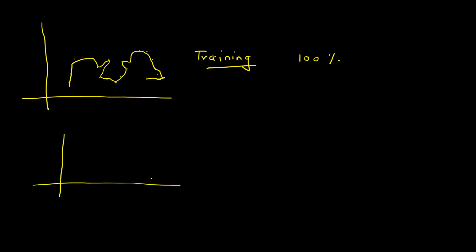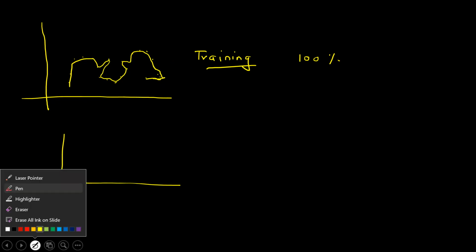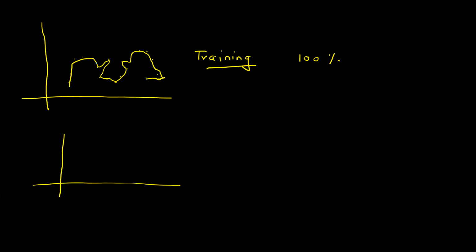But if we give some testing data set, suppose we have points like these in the testing data set, then our accuracy will go down because the curve will not fit these points. That is the problem of overfitting.